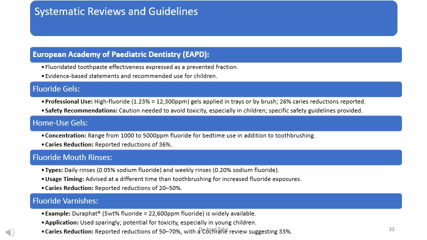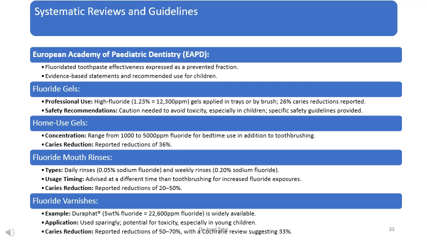Fluoride mouth rinses. Types: daily, 0.05% sodium fluoride, and weekly, 0.2% sodium fluoride, rinses. Timing: at different times than brushing for better fluoride exposure, reducing cavities by 20 to 50%. Fluoride varnishes. Example: Duraphat contains 5 wt% fluoride, 22,600 ppm.